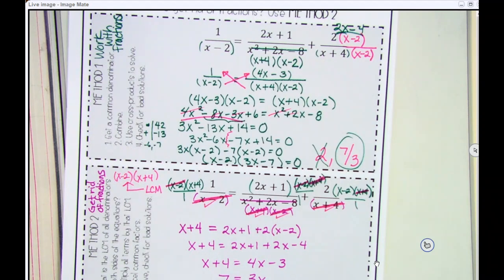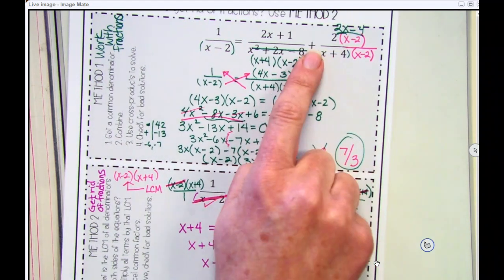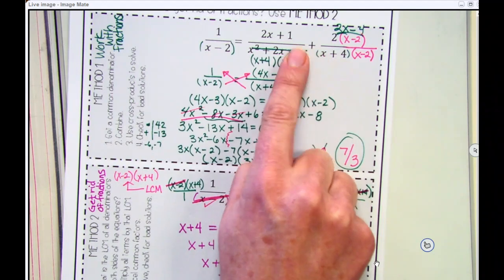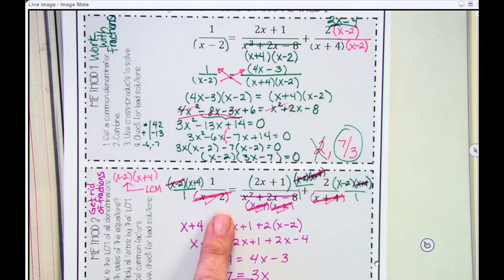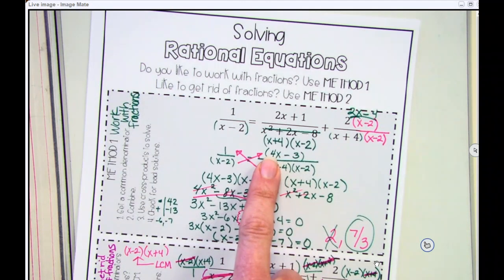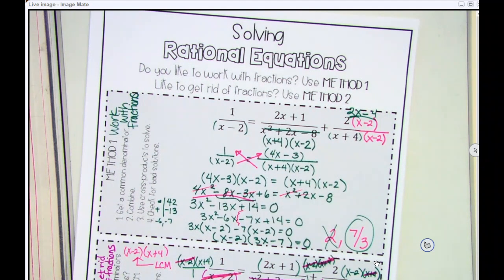So what you need to decide is, would I rather combine the fractions and then cross-multiply, or would I rather get rid of fractions? So I'm just curious, and you don't have to commit, but how are you feeling right now? Who would rather work with fractions? Get rid of fractions. Okay, so that's how we'll talk about it from now on.